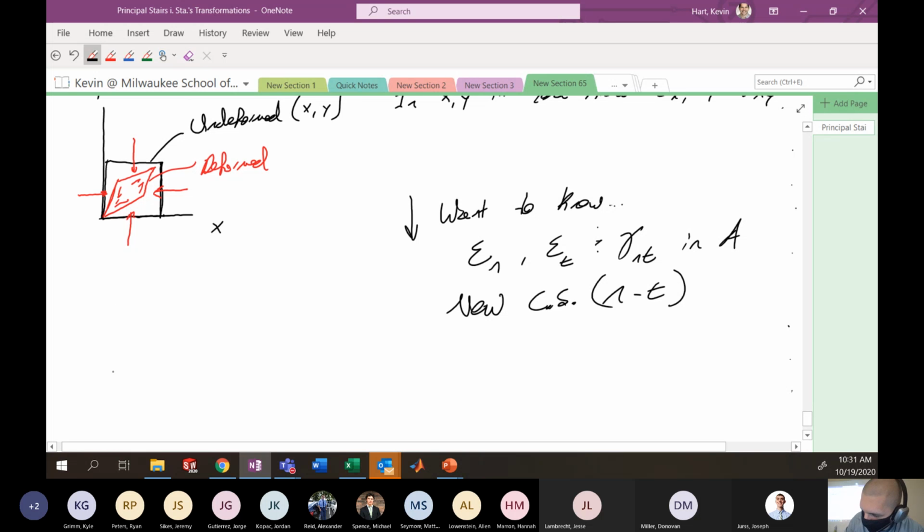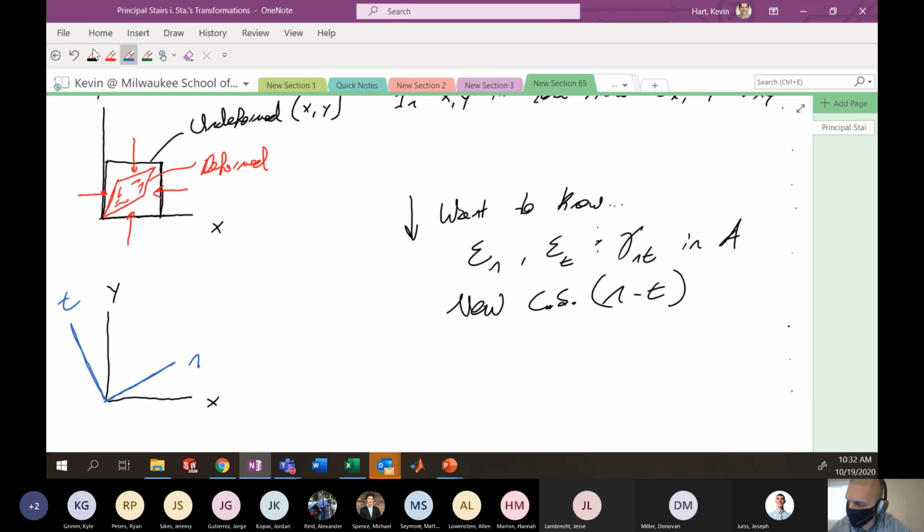So maybe you have a new coordinate system, if this was x, y. And now you have some, hey, blue, new coordinate system, n, t. In the nt coordinate system, you might have some original undeformed element that, again, looks like sort of this square piece.